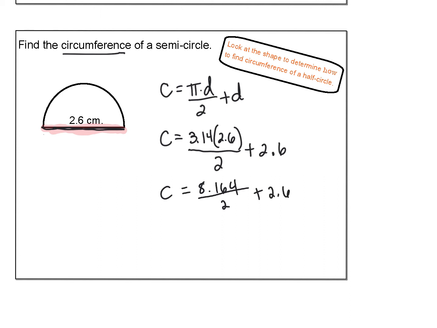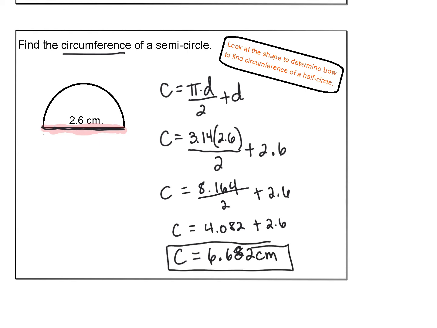So 8.164 divided by 2 is 4.082, and then plus 2.6, so circumference equals 6.682 centimeters. All right, and that would be our answer.